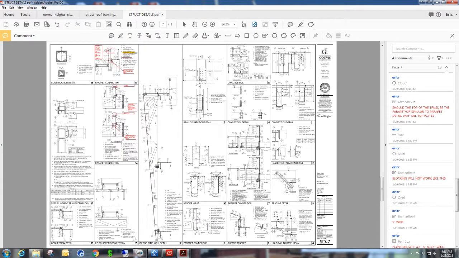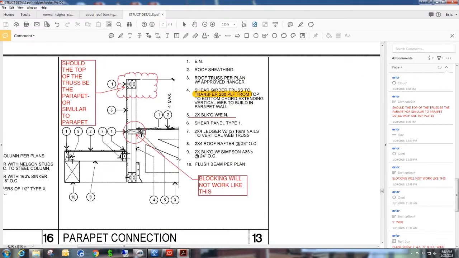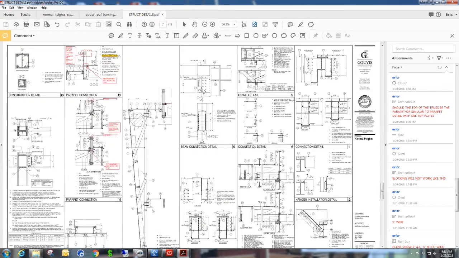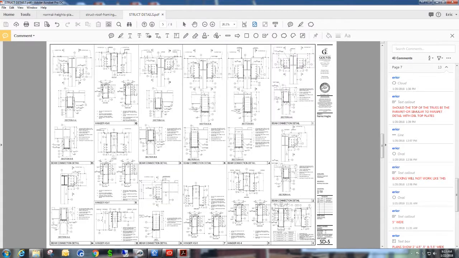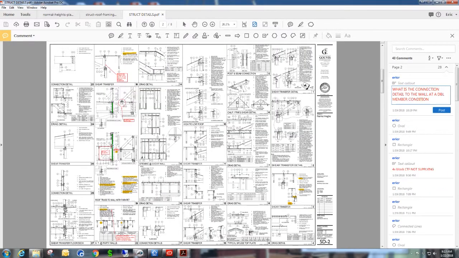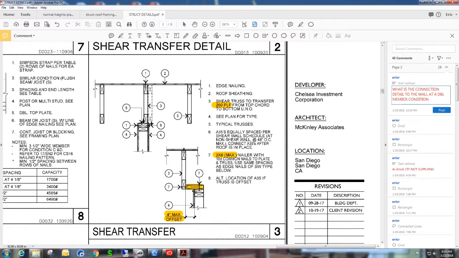So please verify that detail. Note the shear offset detail when required to make stuff work on center and not add additional trusses.